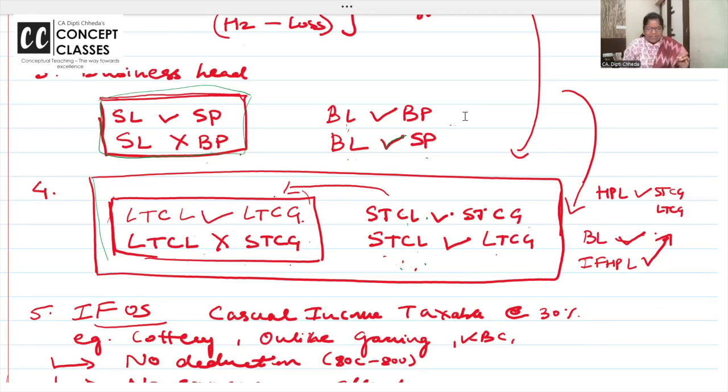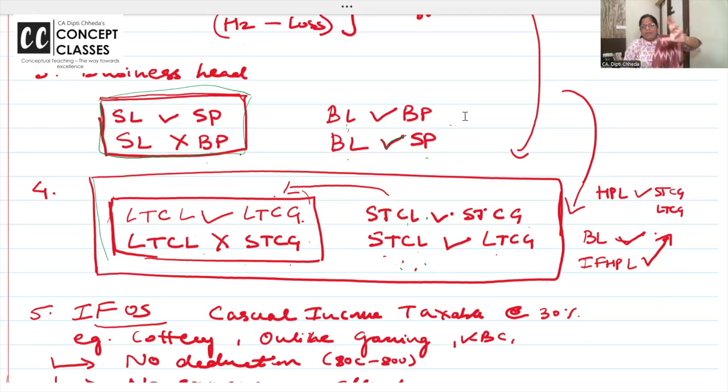Are you all with me? So long-term capital gain, where is he staying in the duplex house? First floor. He's not ready to come down and meet his younger brother, short-term capital gain. That's why long-term capital loss cannot come down and set off with short-term capital gain. But long-term capital loss can be set off in long-term capital gain. Long-term capital loss cannot be set off in short-term capital gain.